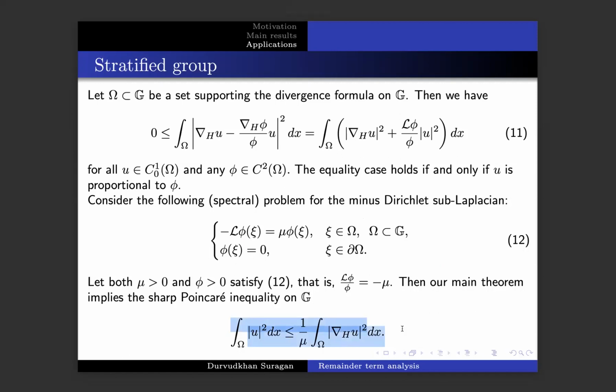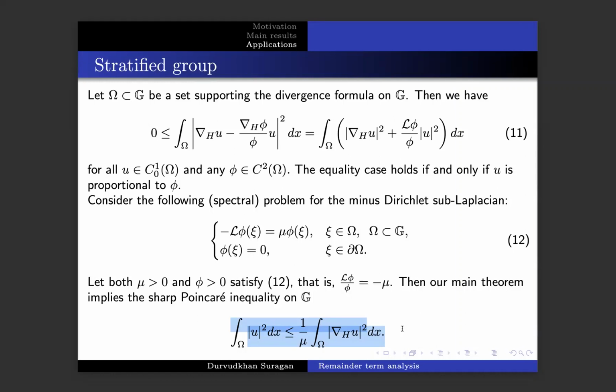And there are also H-type groups on which one can extend these conclusions without assumptions. Why this is important: in our previous studies with Professor Michael Ruzhansky, we made some progress and obtained a Poincare inequality on the Heisenberg groups, but without the sharp constant.